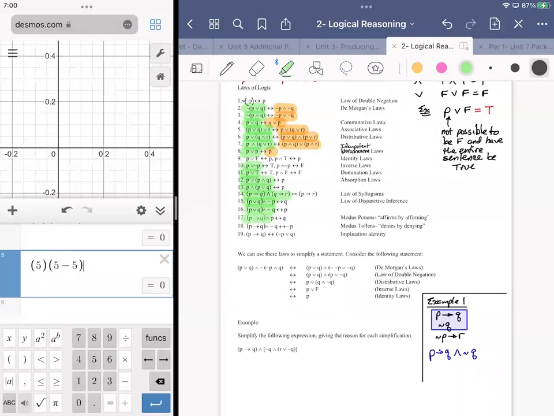So I'm looking for one that has a P implies Q and a not Q. And it doesn't take too long looking through the list before you realize number 18 is exactly that, right? P implies Q and not Q is equivalent to not P, right?